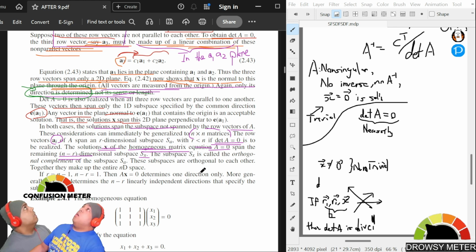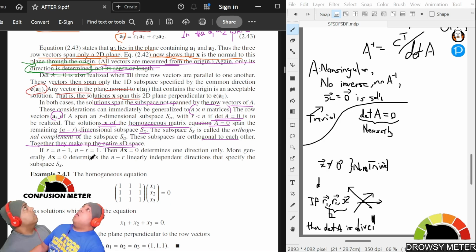SA is the subspace the row vectors of A span. Sx is the subspace X spans. The subspace Sx is called the orthogonal complement of this subspace SA. These subspaces are orthogonal to each other. They make up an n-dimensional space together.